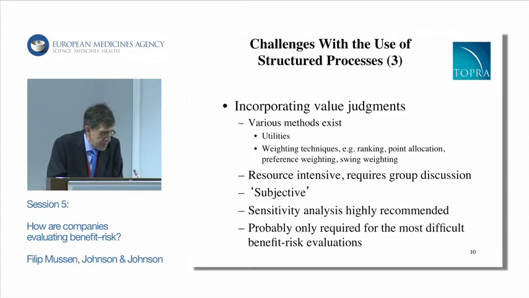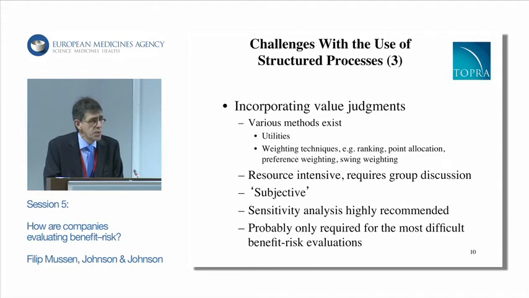There are simple techniques such as ranking, point allocation, preference weighting, or swing weighting. Our experience from some testing that we've done within the scope of the PharmaBrat project is that probably it doesn't really matter so much what kind of weighting technique one uses. And some of the simpler techniques like ranking or point allocation may be quite useful if one doesn't calculate a single benefit-risk ratio.